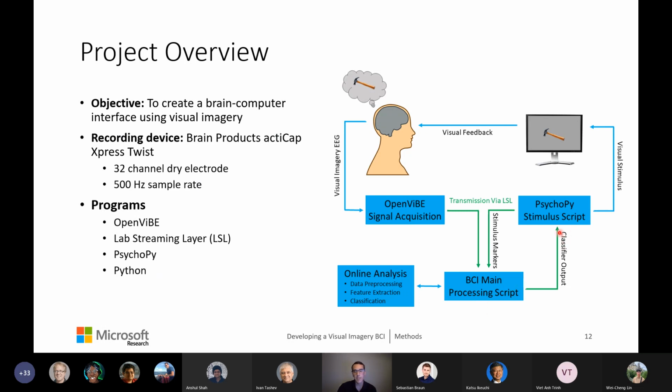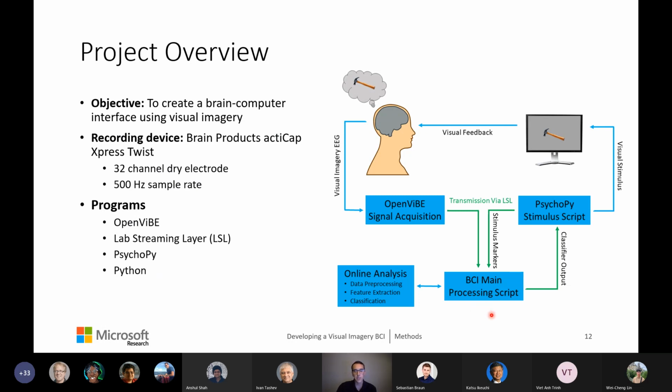At the same time, I have PsychoPy running the stimulus script. It's controlling when the stimulus is presented for the subject and when the feedback is presented. And it's also sending the stimulus markers to that main processing script just to tell it when the image appears on screen, when it goes off, and everything.